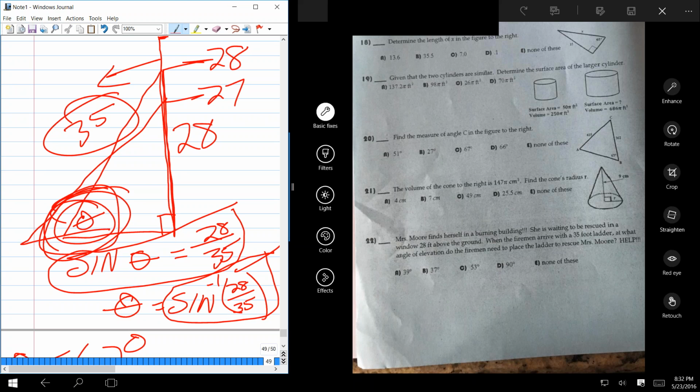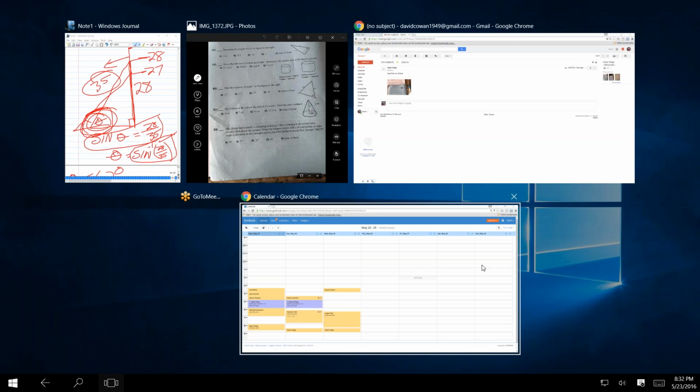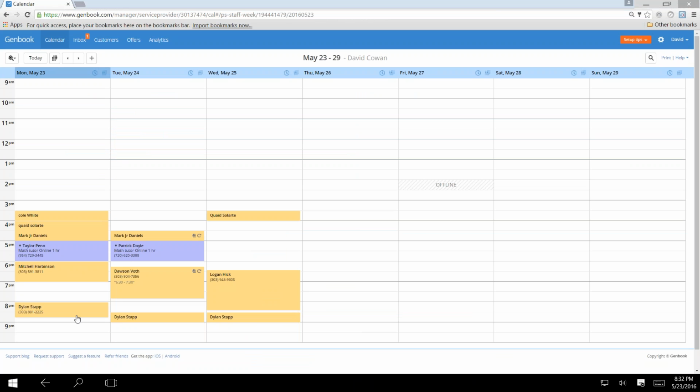All right. Is this the only page we're doing tonight? That's the only page we had tonight, I think. Let me just check the schedule here. I think we have 8:30 tomorrow, right?